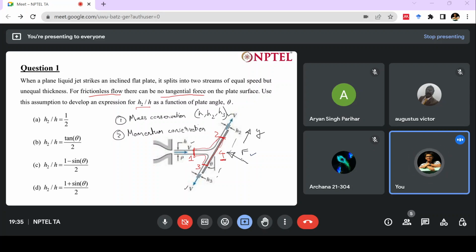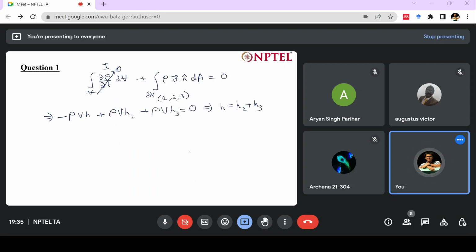So I will just ignore this and solve my momentum conservation in the perpendicular direction. If I take that, here also I can write down my Reynolds transport theorem for y momentum.